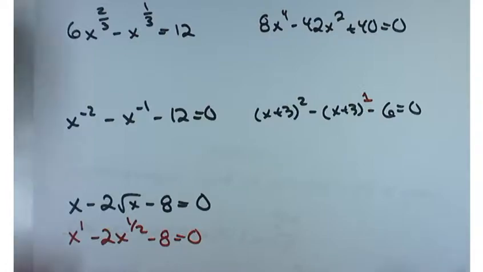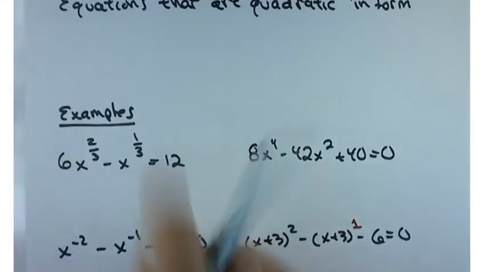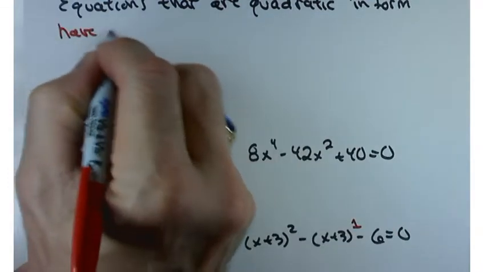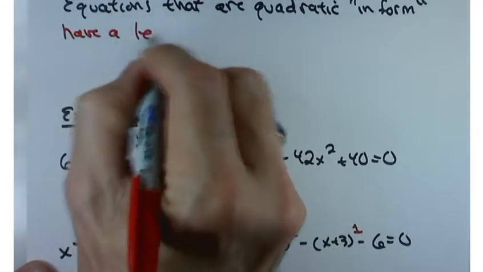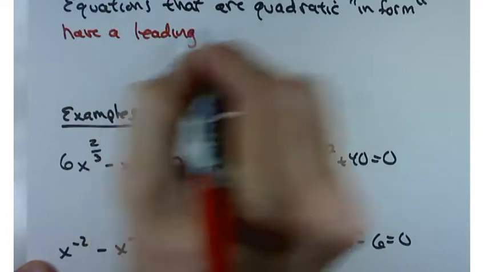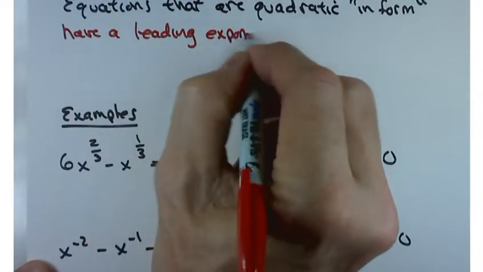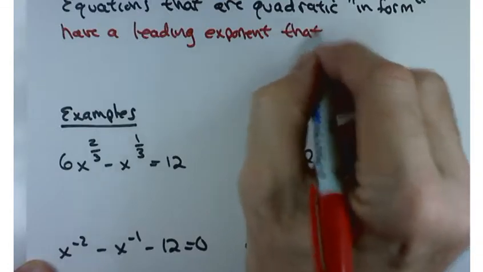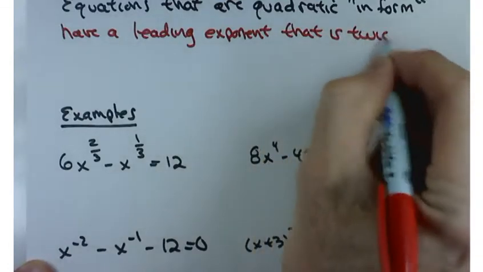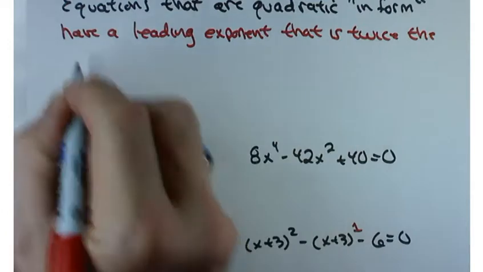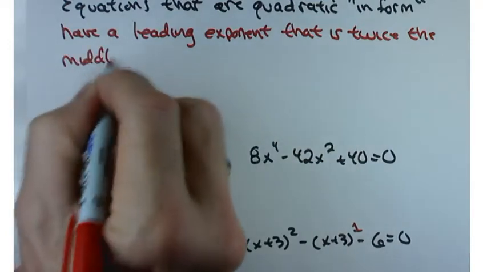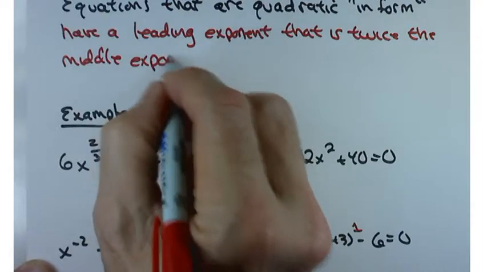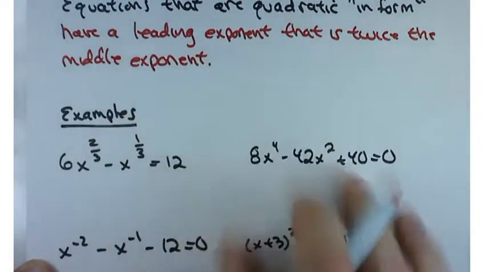So back up here, equations that are quadratic in form have a leading exponent that is twice the middle exponent.